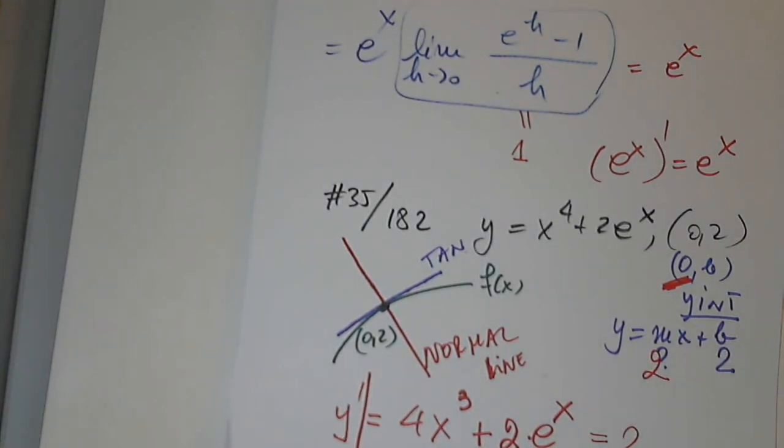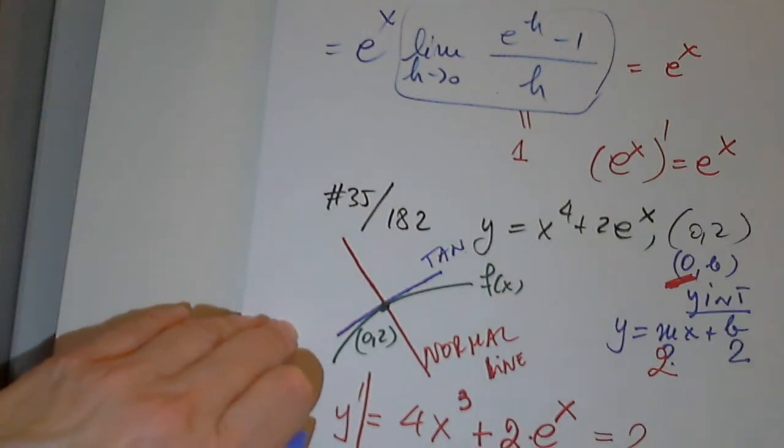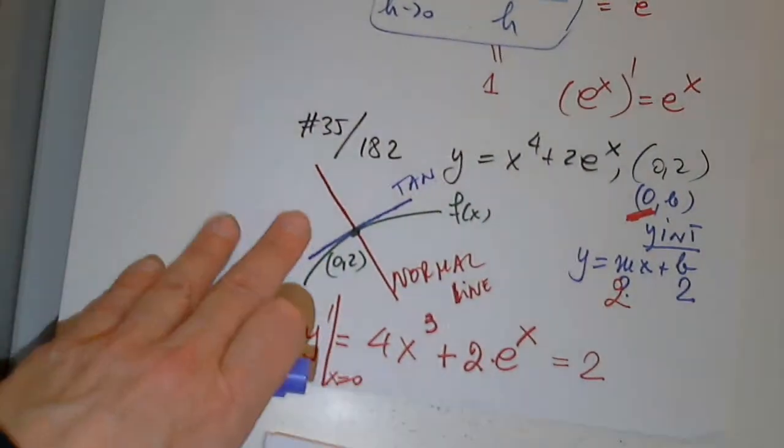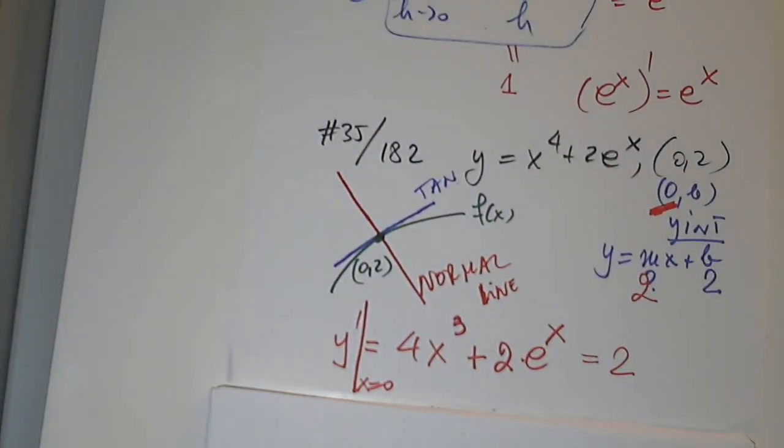Can anyone give us the equation of the tangent line to the graph of function y, or f of x, at 0, comma 2? What is the equation of the tangent? Y minus y1, right? Is that when you use y minus y1?